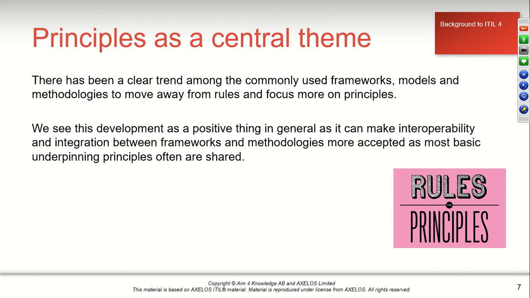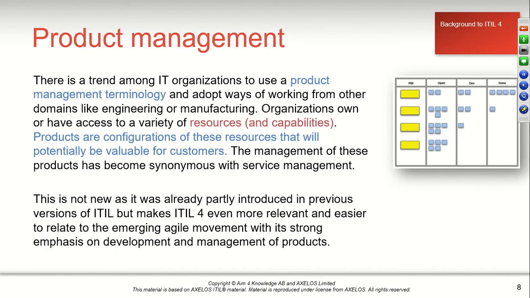With that, ITIL 4 also regards principles as a central theme, in the sense that it is better to move away from rules and focus more on principles. This also integrates with other frameworks and methodologies that accept these as the basic underpinning principles which all other frameworks share.